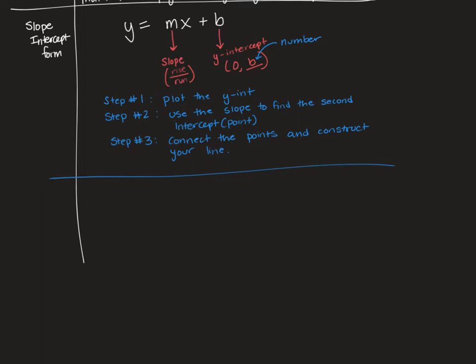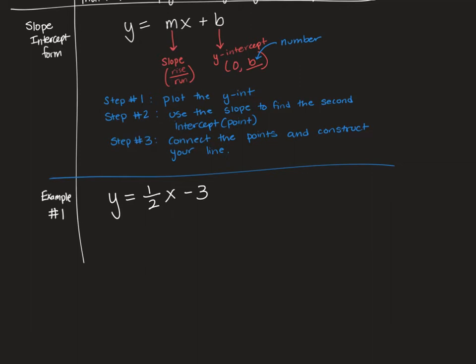All right, so I'm going to give you guys an example. We'll call this example 1. And let's say you're given an equation of a line that's in y equals mx plus b form already. So when something is in the y equals mx plus b form, we can start the process of just getting our y-intercept, getting our slope, graphing, and then connecting our points and creating our line.